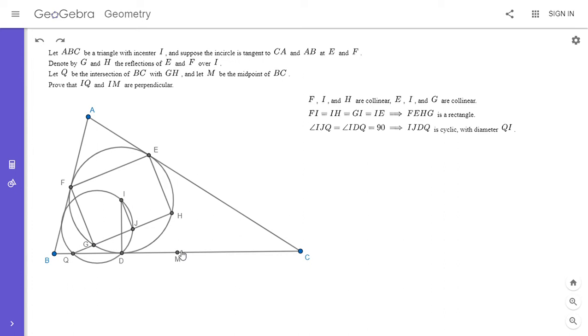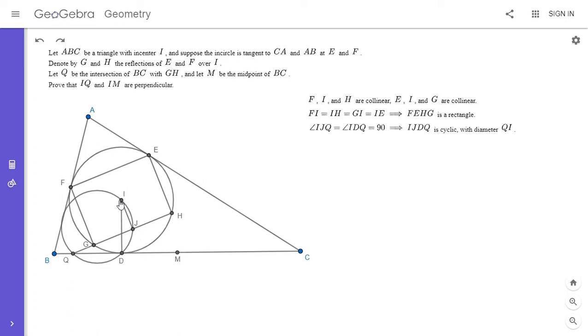So then the question is, how do we show that MI is tangent to this circle? And one way to do it, which I'm going to try, is to show that angle MIJ is equal to angle JDI. That would prove that it's tangent. So that's my strategy here. All right, so how do I find angle JDI?